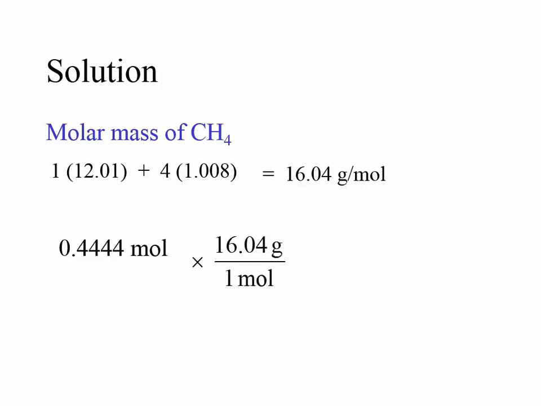You're both right. Cool. So moles cancel. And then we need to round it according to how many sig figs? 4. Yep. I'm liking 4. Voila. 7.129 grams. Or 7.129 grams of CH4.